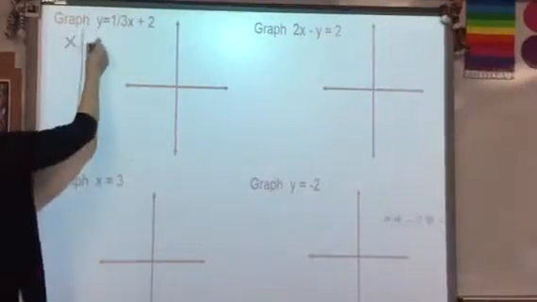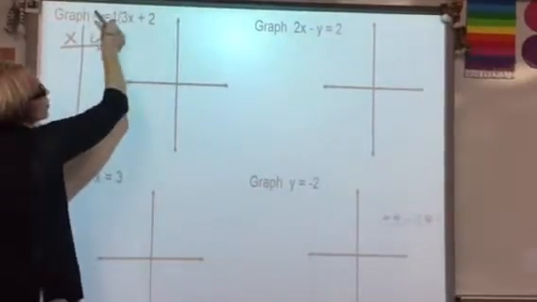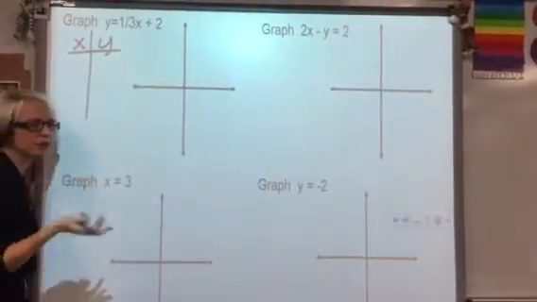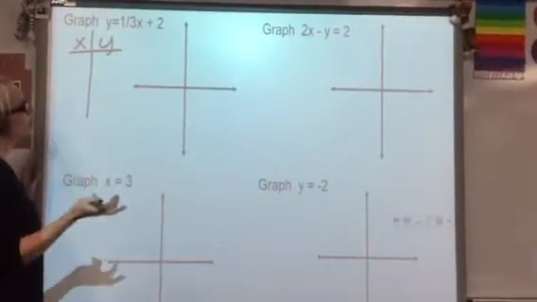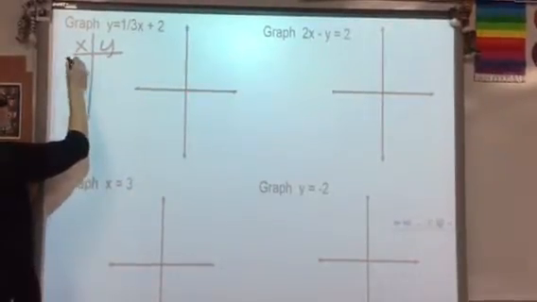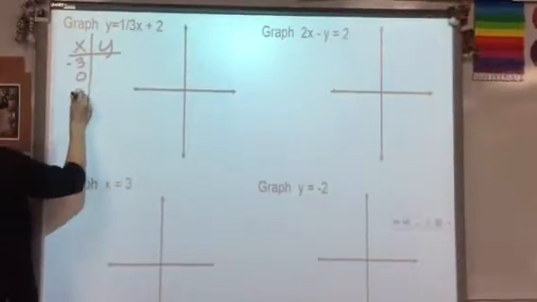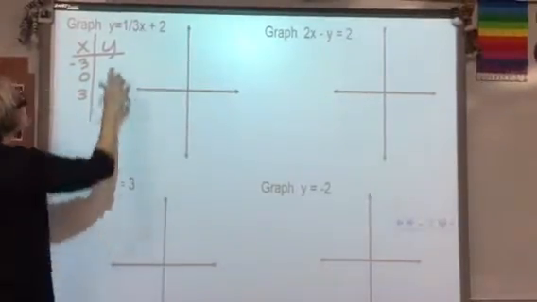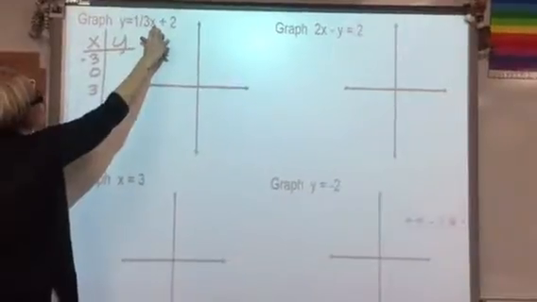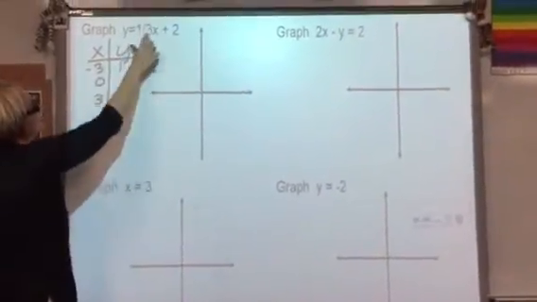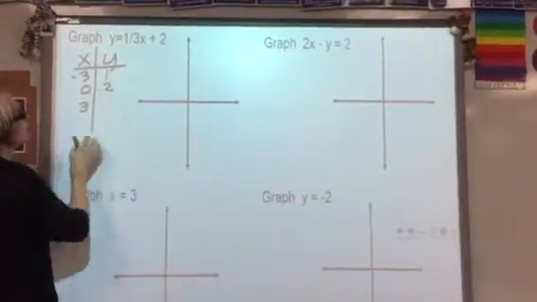So I want to draw a line here for y equals 1/3 x plus 2. I recommend trying maybe 3 points or 3 x values. So I'm going to do maybe -3, 0, and 3 just because I'm working with a fraction of a third, to make it easier. So I have a third of -3, well, that's going to be -1 plus 2 is 1. 0 plus 2 obviously is 2.